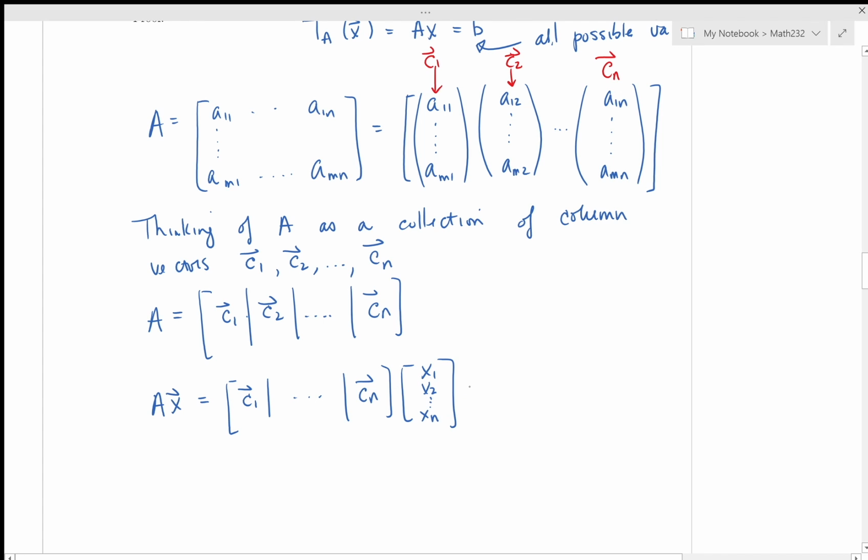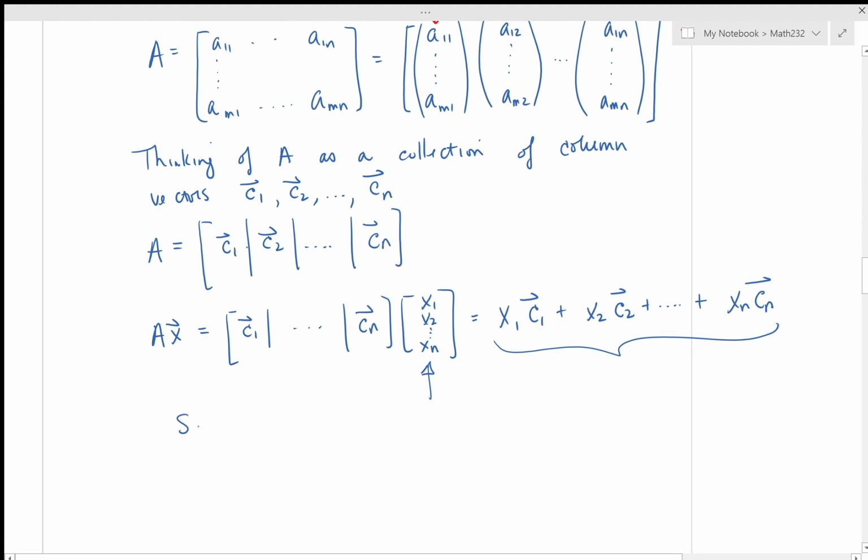That will look like this: x1 times c1 plus x2 times c2 plus dot dot dot plus xn times cn. These are all the possible b's that I could get. I can let x be any vector in Rn, and all possible b's will be of this form.